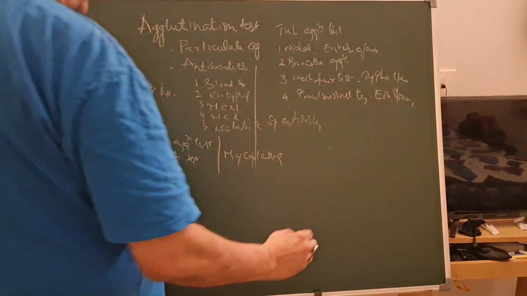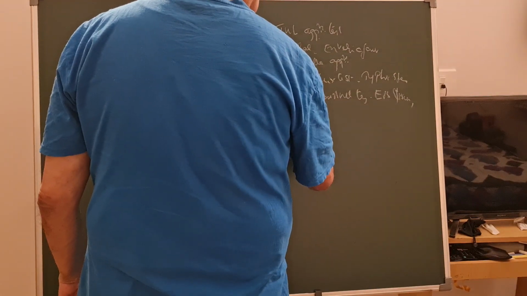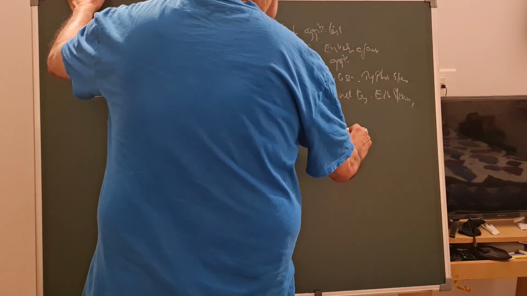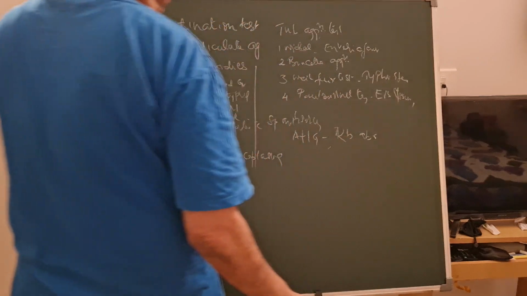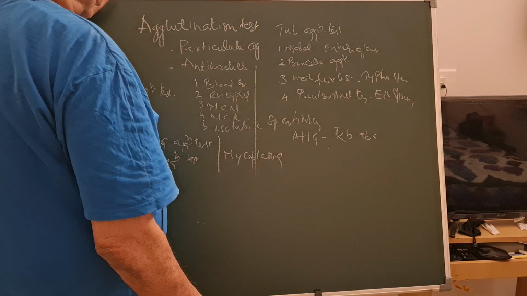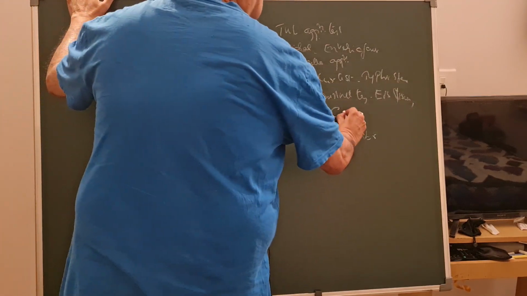Then we have Coombs test. Coombs test is called AHG, to detect Rh antibodies.